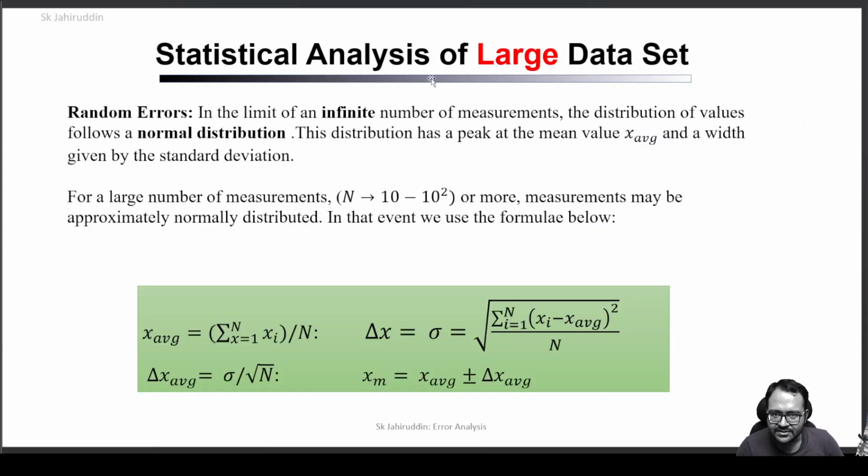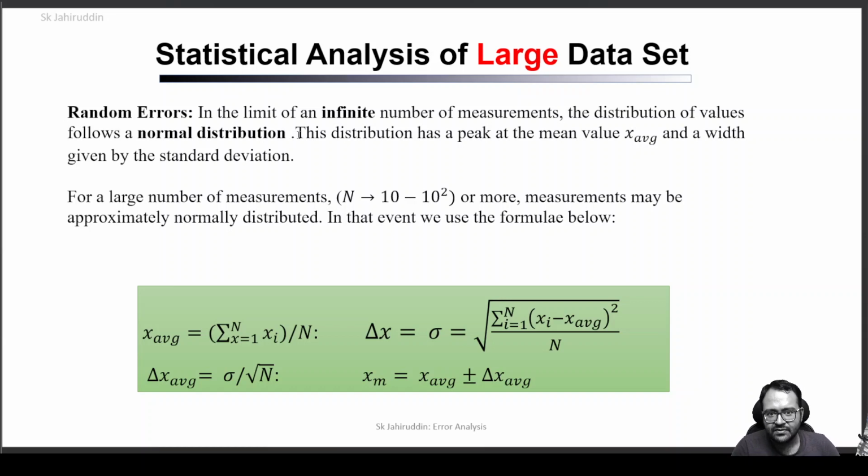For a large data set, in the limit of an infinite number of measurements, not exactly infinite, a large number, the distribution of values follows a normal distribution. We have statistical analysis here, which I am skipping right now.